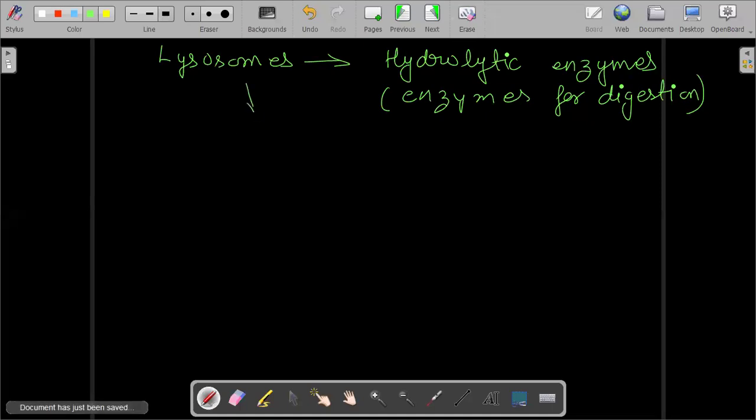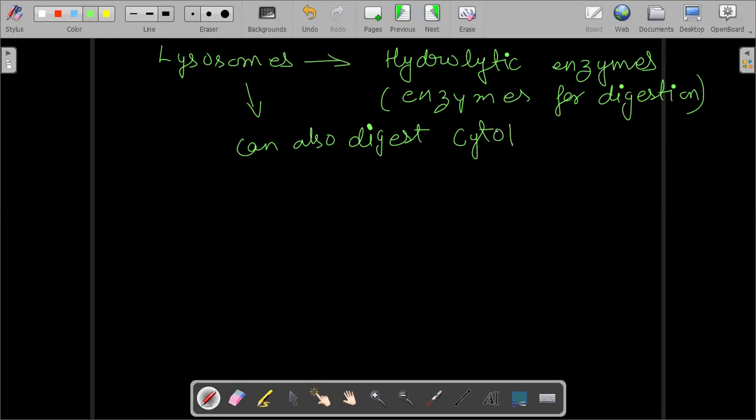So lysosomes can also digest cytoplasm, and if they digest the cytoplasm, the contents of the cell will finish up, and hence the cell will become dead.